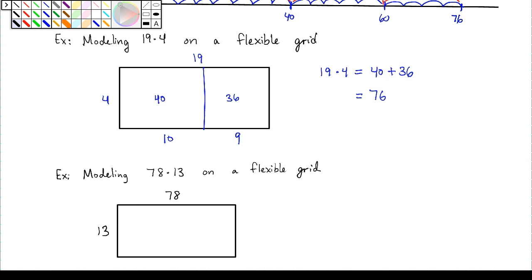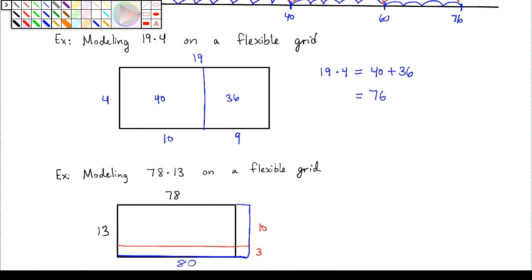78, there's a lot of ways that I could possibly calculate this. Maybe I actually want to extend this and go out to 80. I like the idea of going by 80. So this would be 80 times 13. And the 13, I think I'm going to split into 10 and 3.